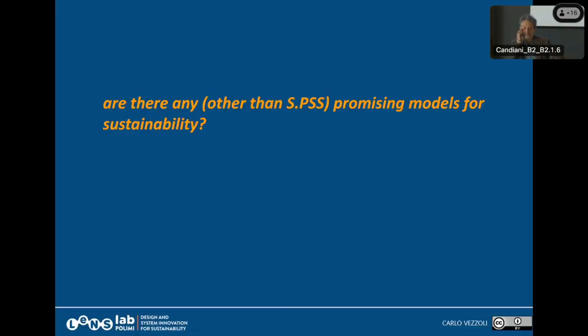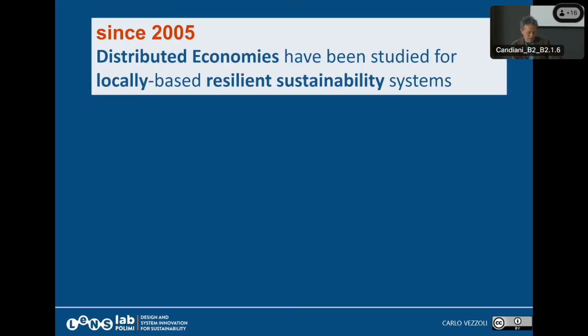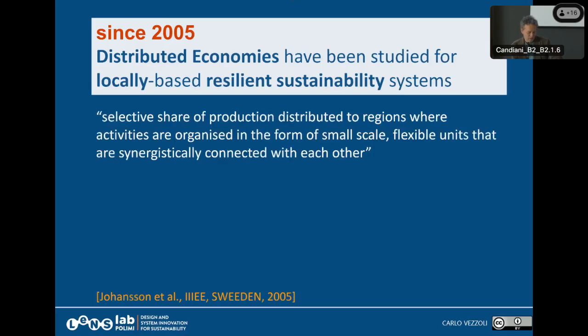So the first question is, are there any other models than PSS that are promising for sustainability? The answer is yes, they are distributed economies. And the first defining those were some colleagues from a university in Sweden, Johansson and other colleagues there.